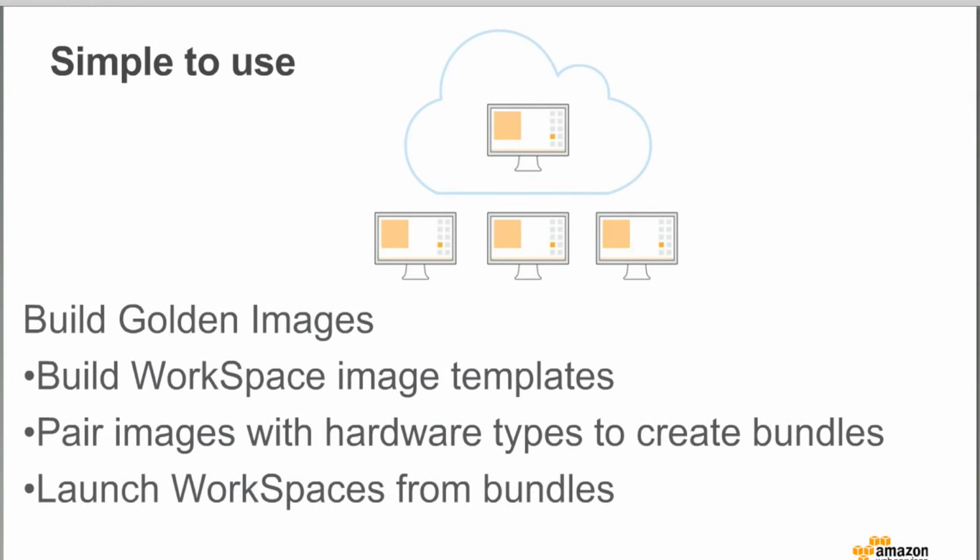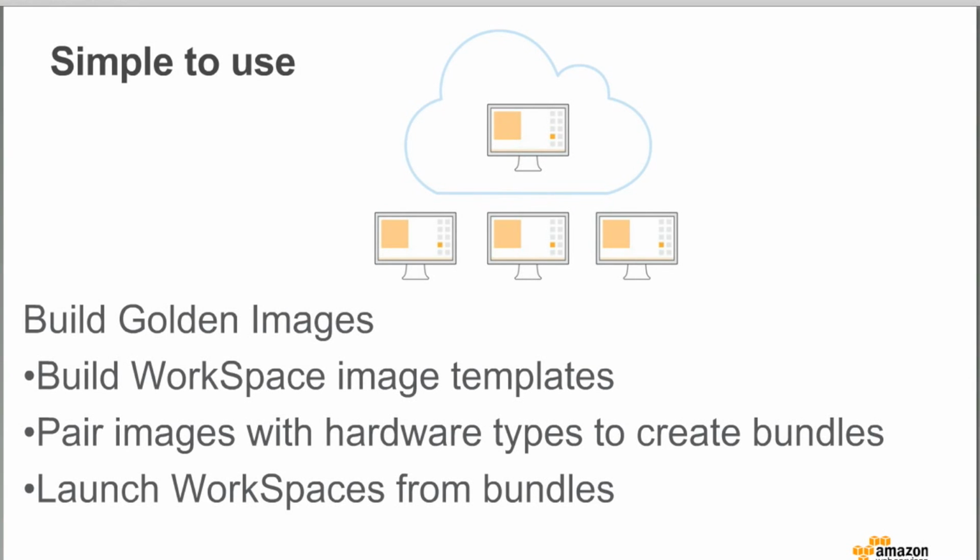But from an administrator's perspective, it just involves launching a workspace, adding customizations, installing your own applications within a workspace, and then from the console, opting to make that workspace the foundation for a golden image. And once a golden image becomes available, or we call it a custom image, then you can pair it with any hardware type, which we'll discuss.